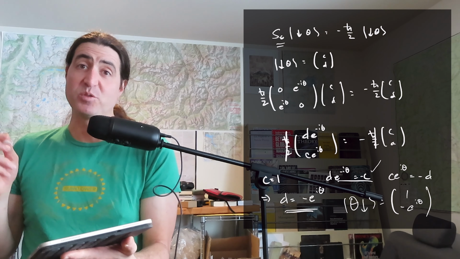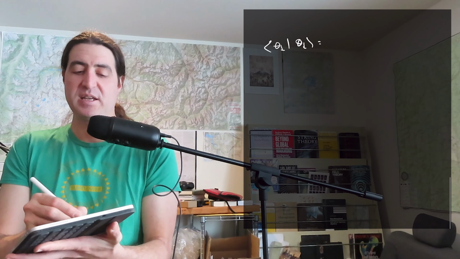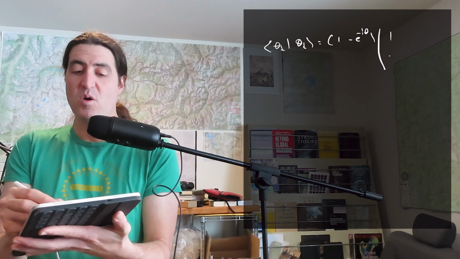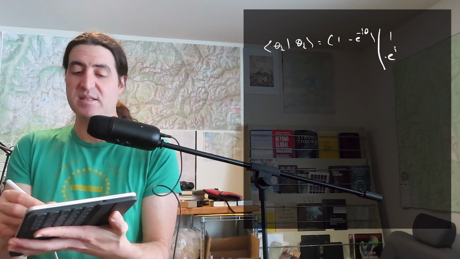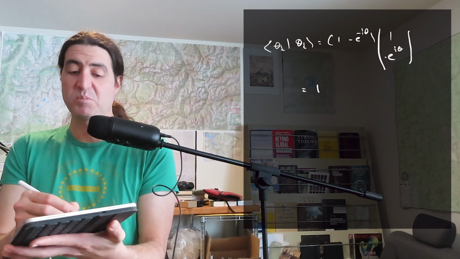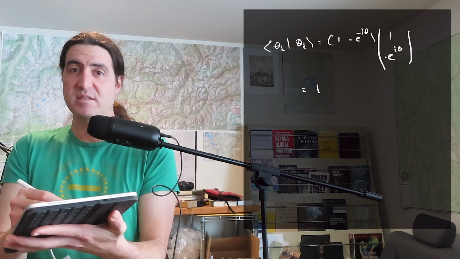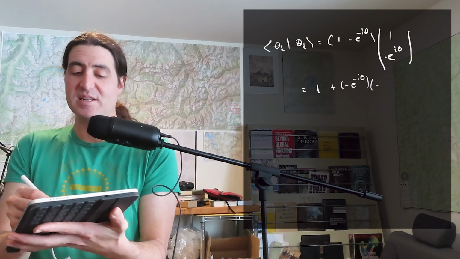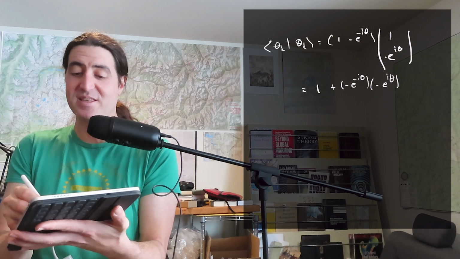Once again, we have to normalize this particular state. And so we take theta down with theta down. This is given by 1, minus e to the minus i theta for the bra, 1, minus e to the plus i theta for the ket. So the bracket becomes 1 times 1 plus minus e to the minus i theta times minus e to the plus i theta.